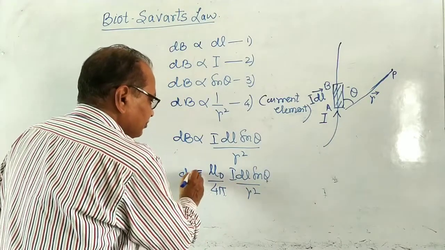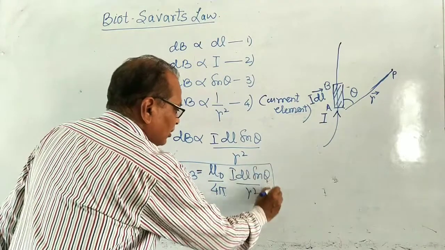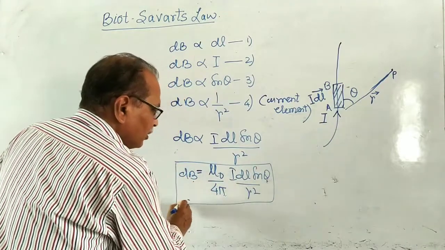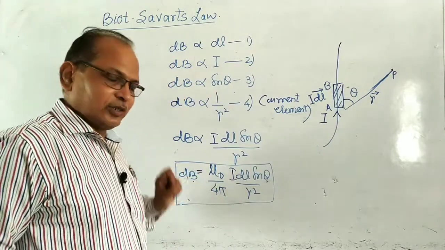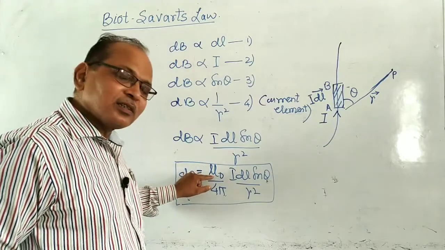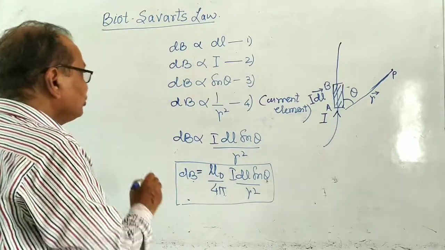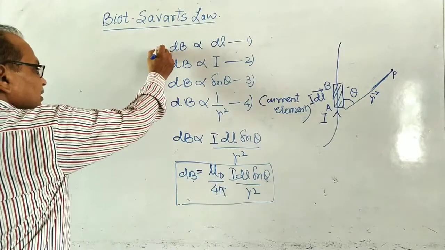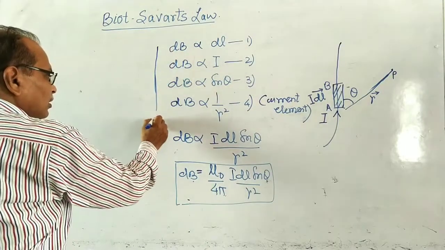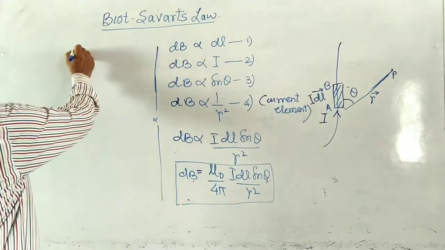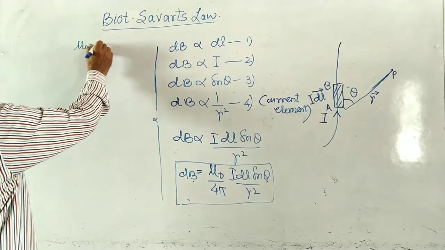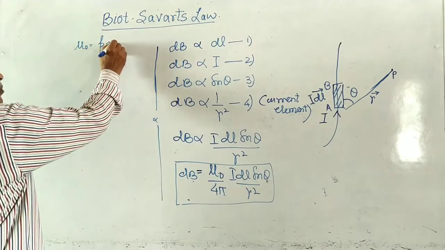This is dB. Now, mu naught upon 4 pi is a constant. What is mu naught? Mu naught is called the permeability of the medium.